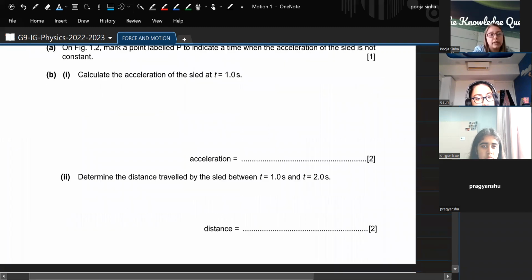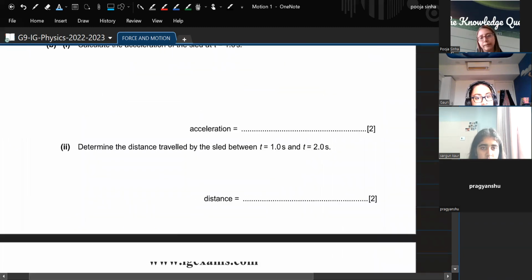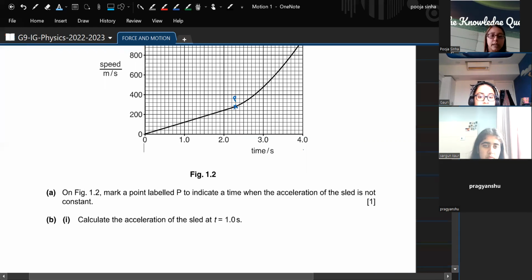Sargun, read the next question. Determine the distance traveled by the sled between 1 second and 2 seconds. From where to where do we have to find the distance? 1 to 2. What shape will it become? 1 is here and 2 is here.